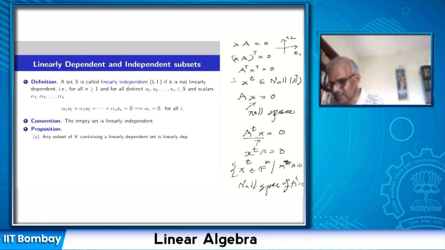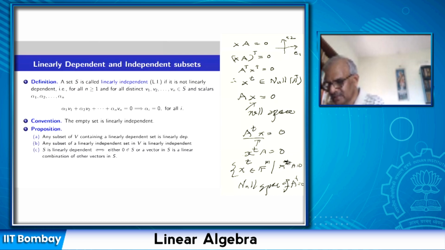So a superset of a linearly dependent set is linearly dependent. Similarly, a subset of a linearly independent set is also linearly independent. You can see this from the definition. So if I shrink a linearly independent set, it remains linearly independent. But if I enlarge a linearly dependent set, it remains linearly dependent.